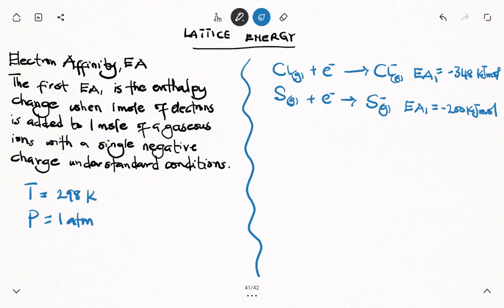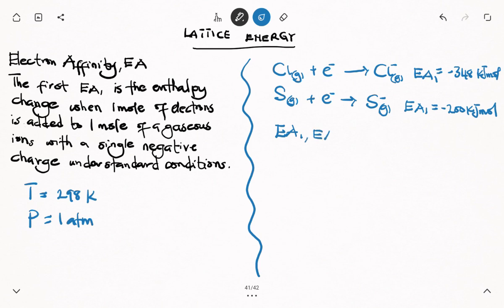Always take note that we have a gaseous atom, and then we have a gaseous anion. So the state is gaseous, and the energy change involved in this first electron affinity is exothermic, okay? Now, like I mentioned earlier, in adding subsequent electrons, you have to take note that the first electron that is being added needs the first electron affinity.